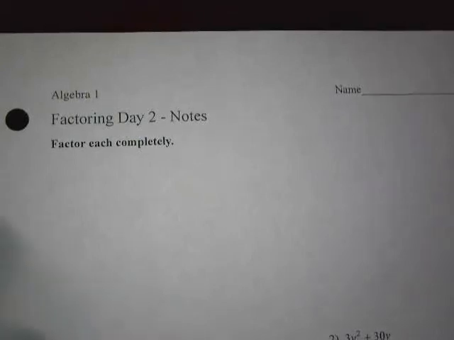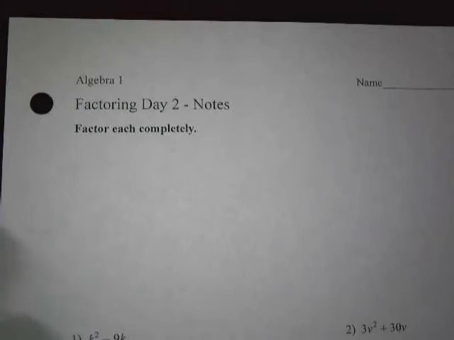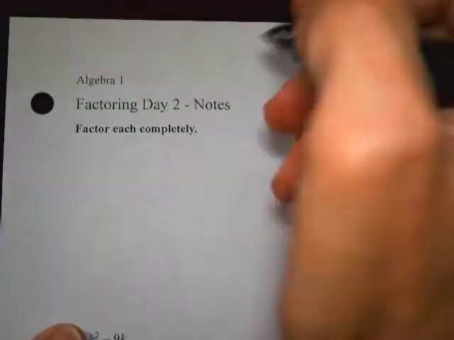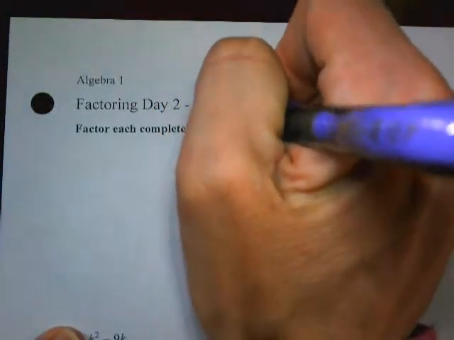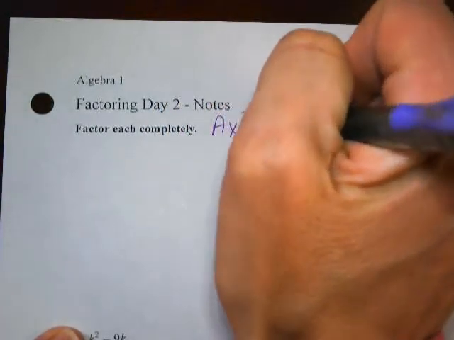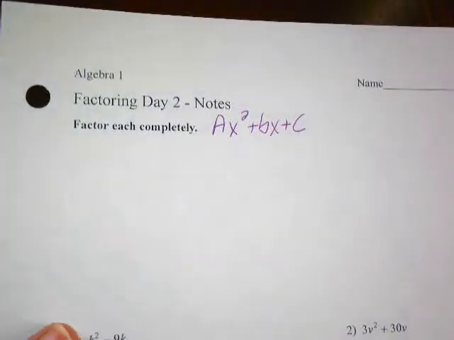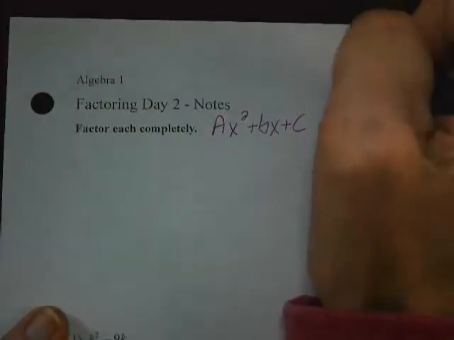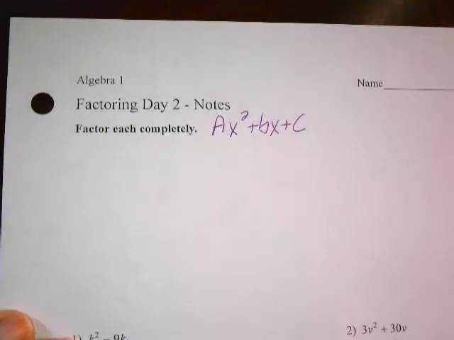Okay, so we are going to continue with our factoring quadratics. Yesterday we had ax squared plus bx plus c, where, of course, it's equal to 0. A is not always 1.